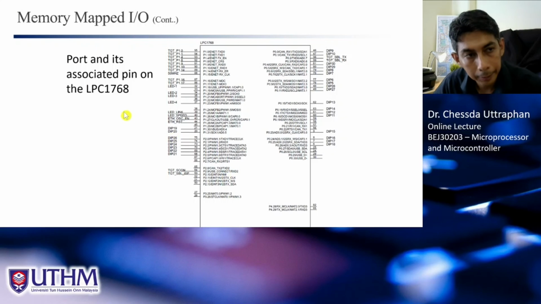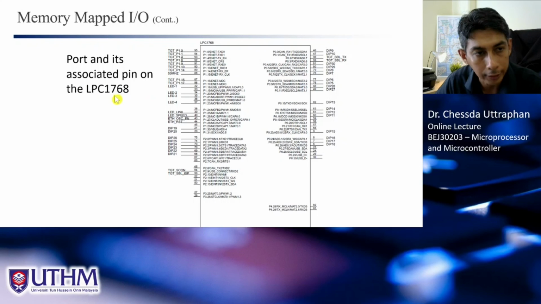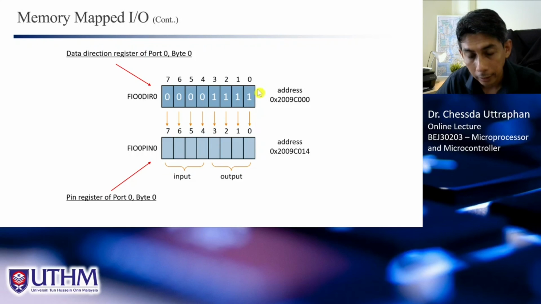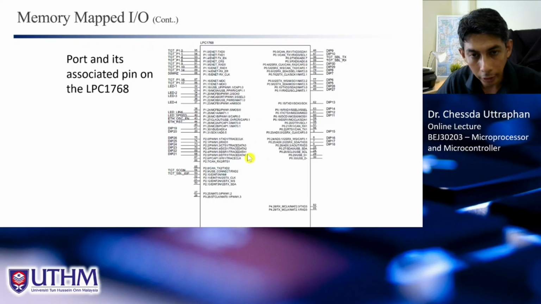And this is the port and associated pin on the LPC1768. So let's find pin number 0 in port 0. In this, we need to look at the label here. P1 means port 1, right? So P1.0 means port 1, bit number 0.